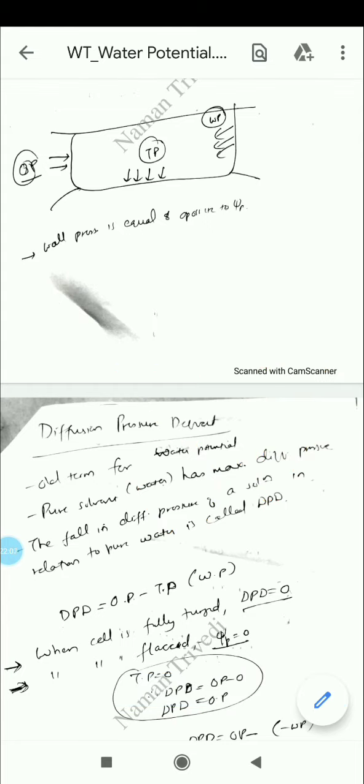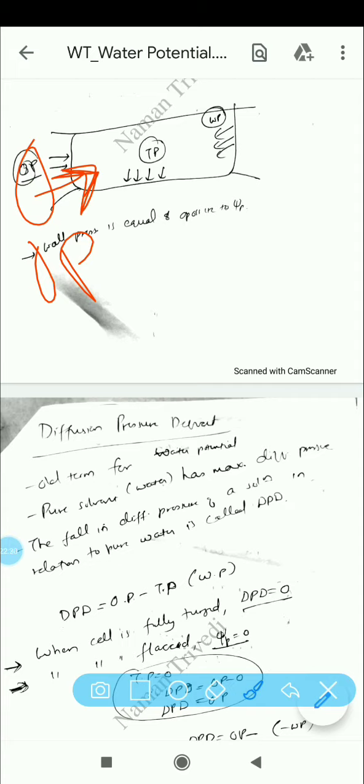Now if you take any plant cell, then if you want to see the directions of the osmotic pressure, that is water coming to the inside, it is in this direction. That is, OP is in this direction, towards the inside.